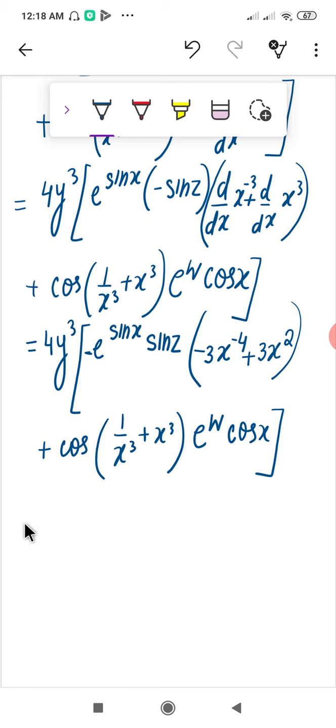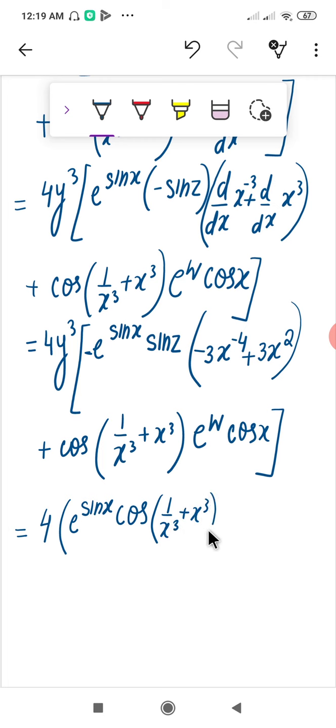So let me see what is y. Very long expression, that is e to the power sin x cos 1 upon x cube plus x cube, and then the whole to the power 3.